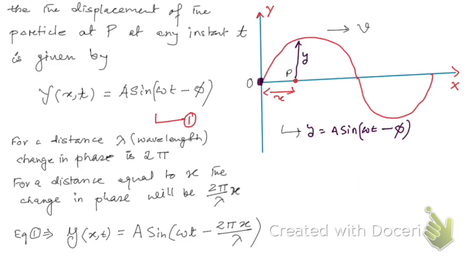So now we have got this equation. So let it be equation number 2. And before that, let me do one more thing. Let me write here what is A. Let me mention that is amplitude. I hope you know the meaning of amplitude.